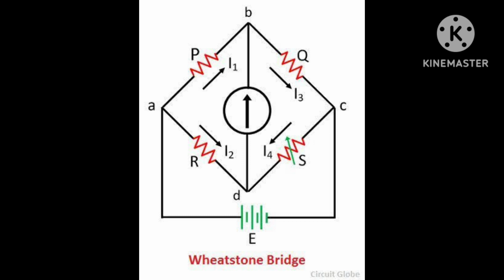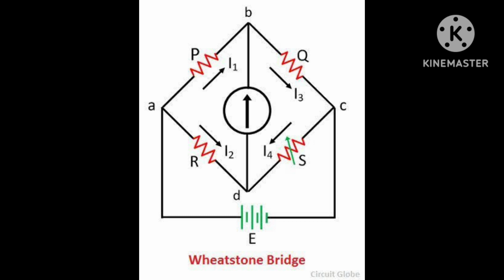The main thing I am telling you is that when a bridge is balanced, then no current passes through the detector. Otherwise current will pass through the detector, means P.